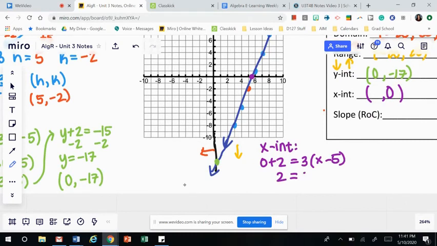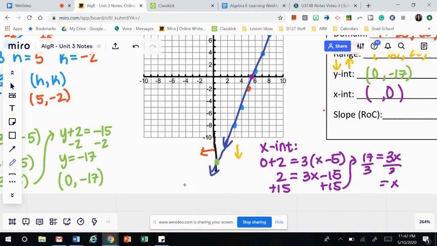So we'll have 2 equals 3x minus 15. We'll add 15 to both sides. So we get 17 is equal to 3x. Divide by 3. And x is 5.67. So my x value of my x-intercept is 5.67.